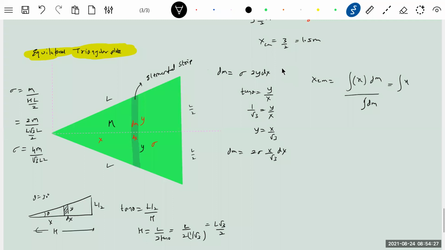What is x? x will be kept as it is. dm is what we derived, no? The total mass stays as it is. Now 2 sigma by root 3 times x square dx. What should be the limit? 0 to h, which gives h cube by 3.